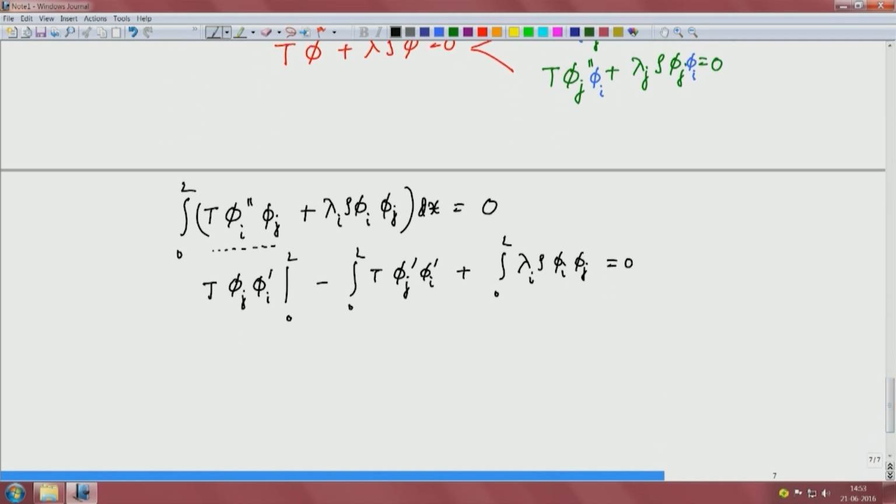This is of course lambda i, and this boundary term is going to be 0 anyway, because phi i and phi j have to satisfy the end conditions, so that goes away. This is what I get with the first equation.